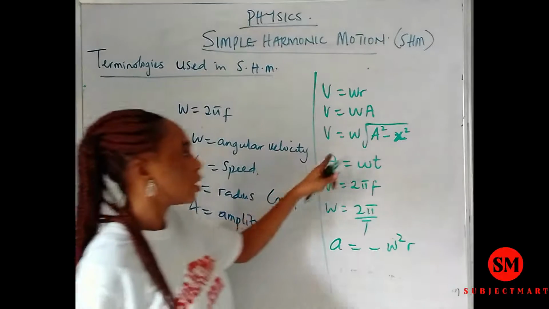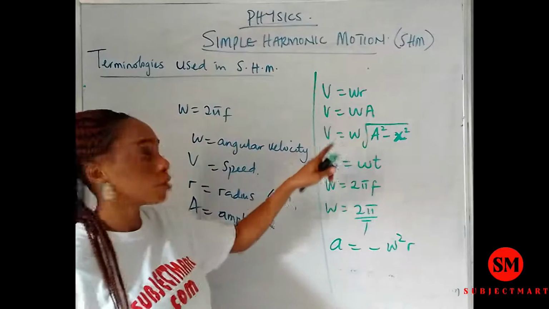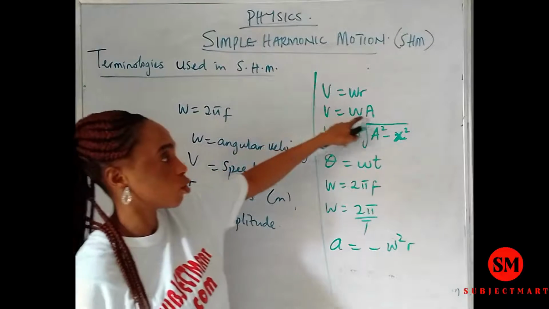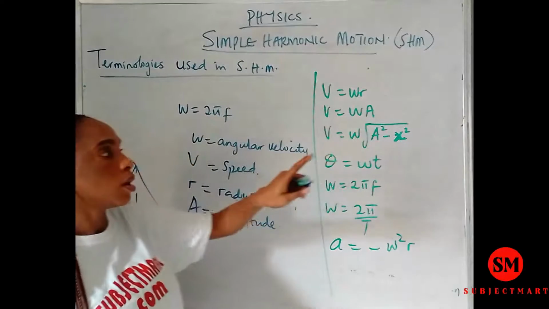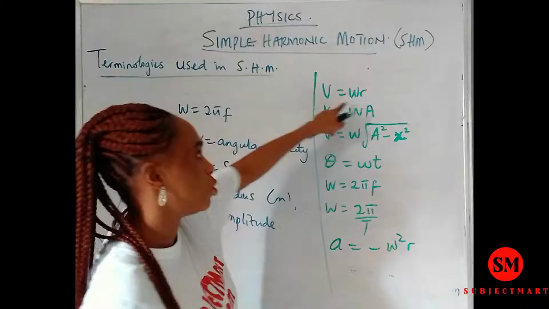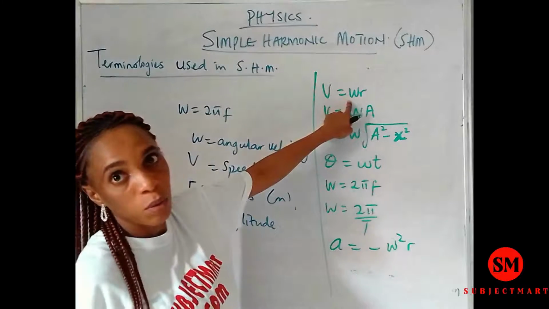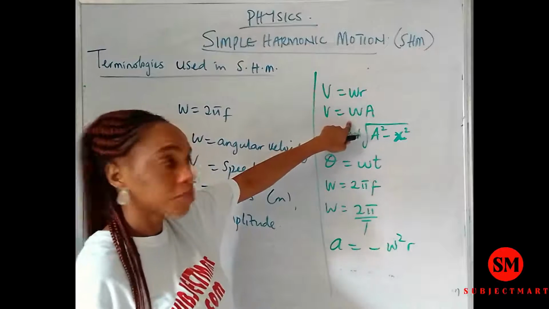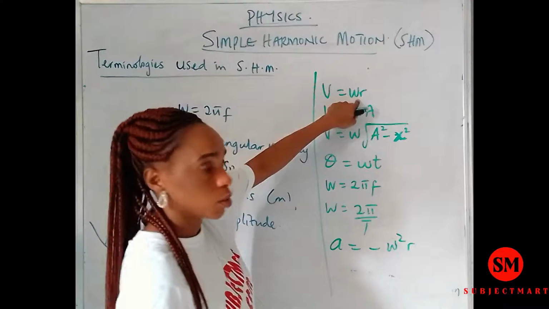So in a case where you're not given the radius, you are given the amplitude, so you just use V is equals to W A. Or you are given the radius and you're not given the amplitude, you use V is equals to W R. But there are cases when you have both the amplitude and you also have the radius.